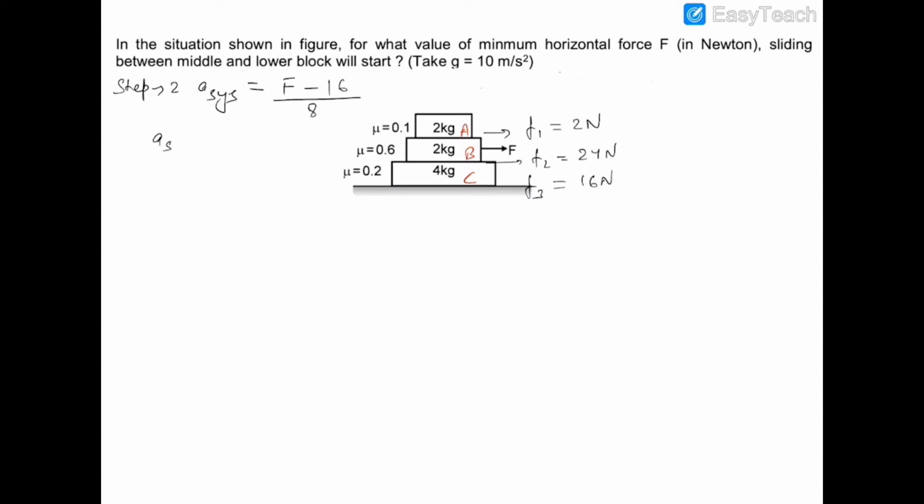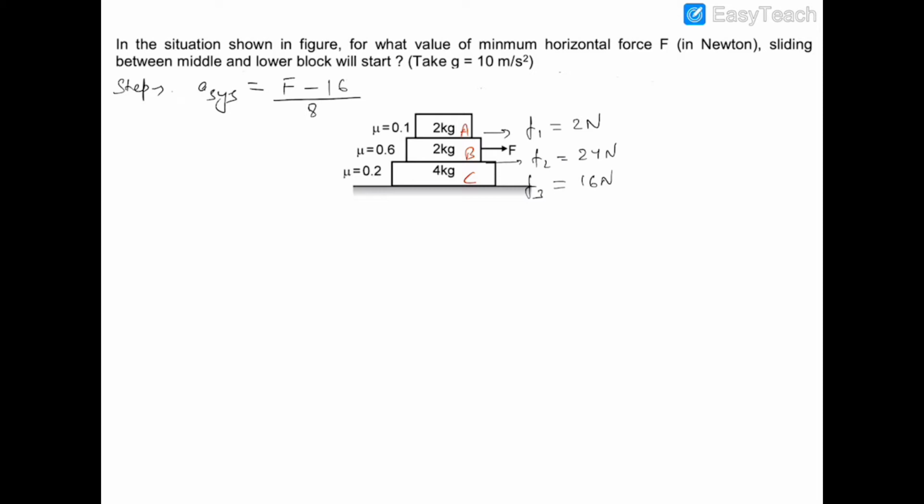So A system will be equal to F minus 16 by 8. I have already written that. Now this is the first step which we have to apply before anything.